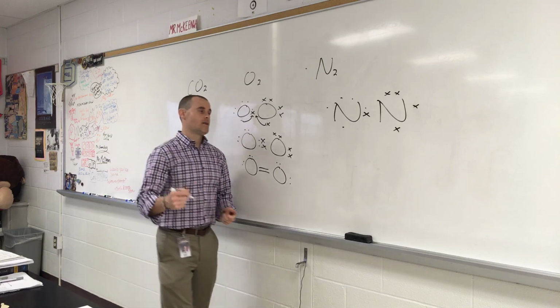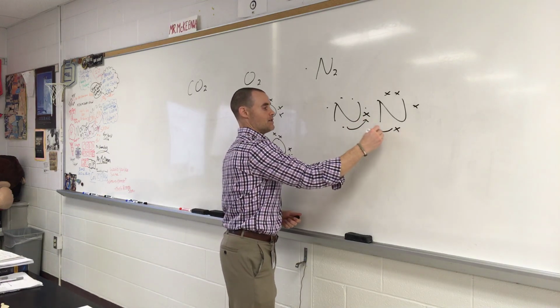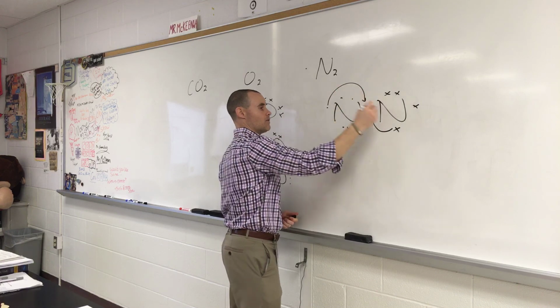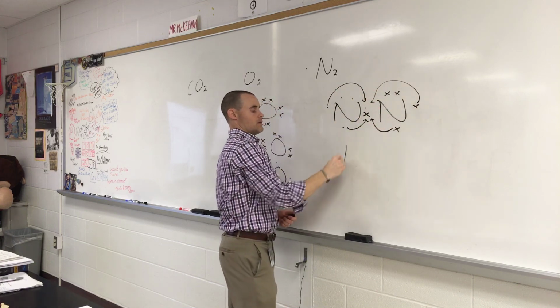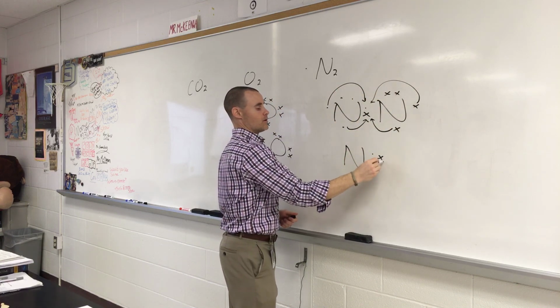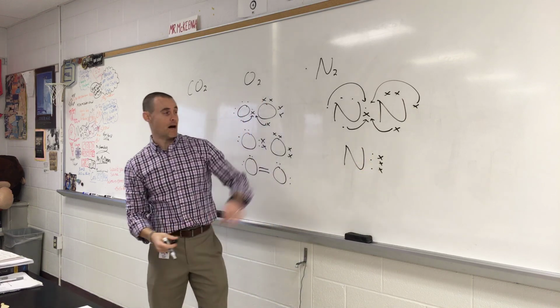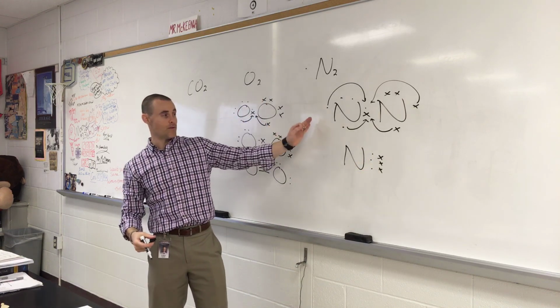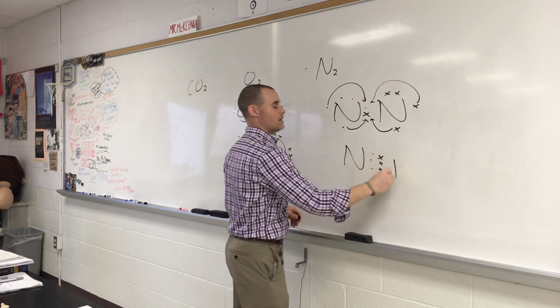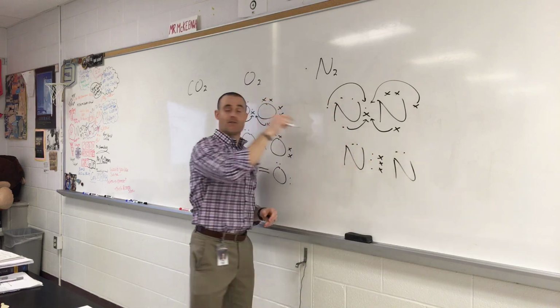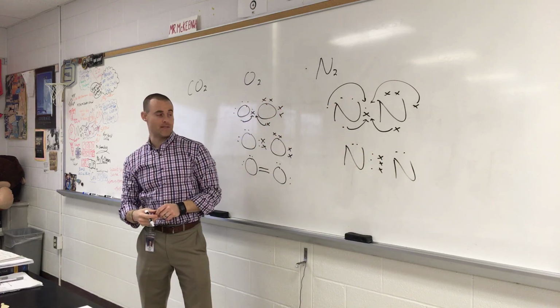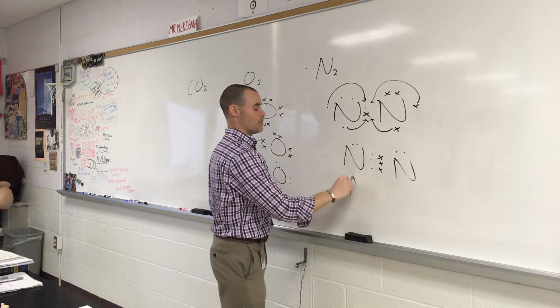It makes 3. It makes a triple bond. These 2 bond, then these 2 come in over the top. 1, 2, 3. 1, 2, 3. That's your triple bond. 3 dots, 3 X's. 3 from this one, 3 from that one. And then you have the 2 dots on top still. Don't forget those. And that's a triple bond.